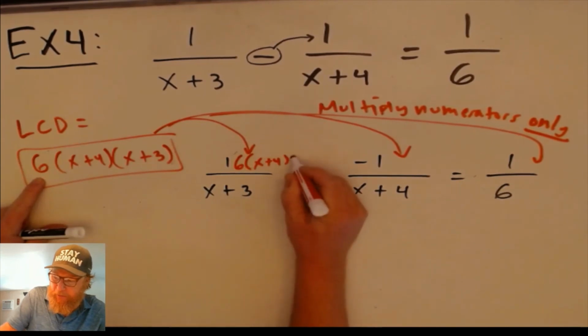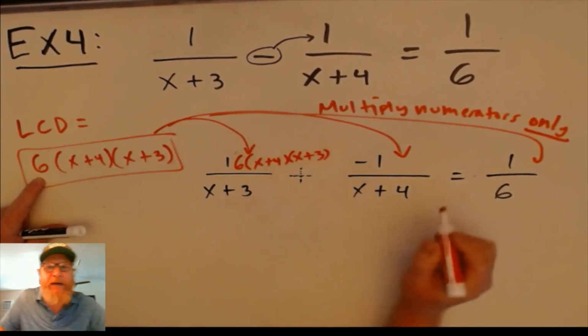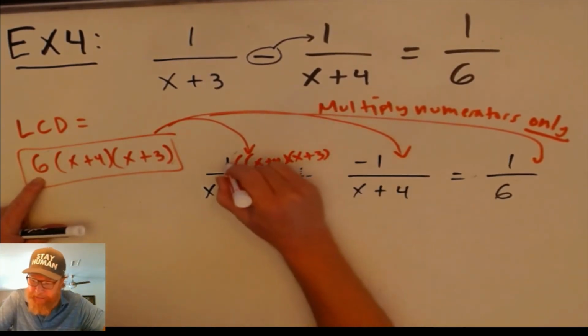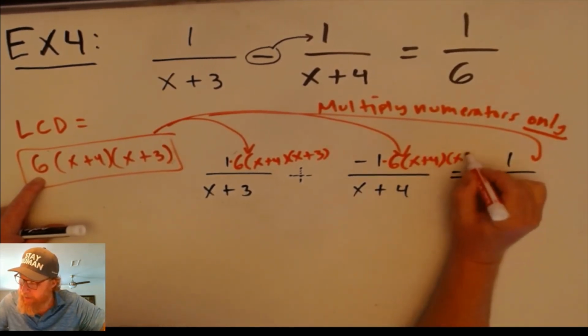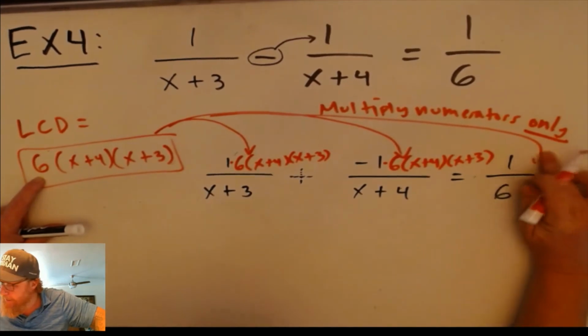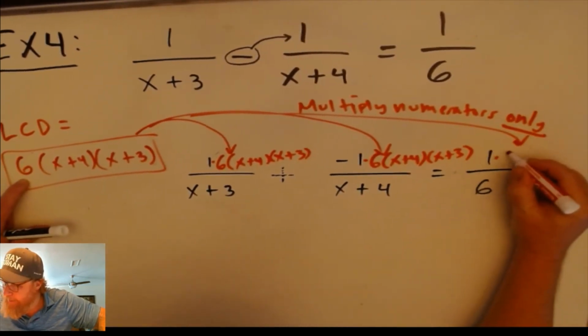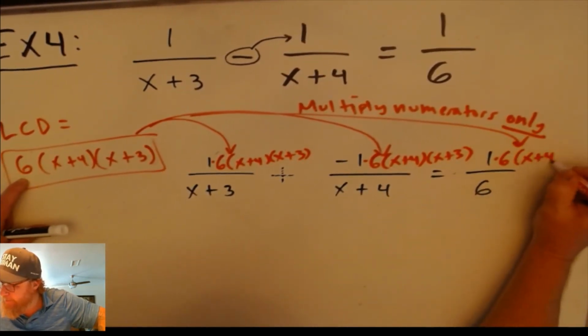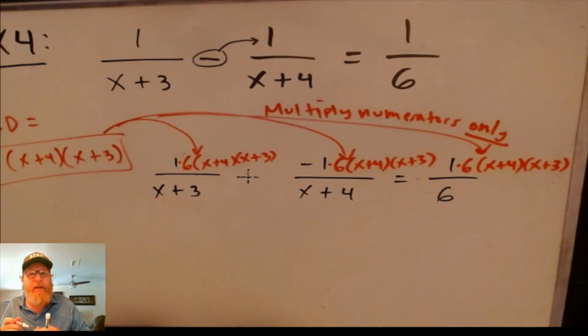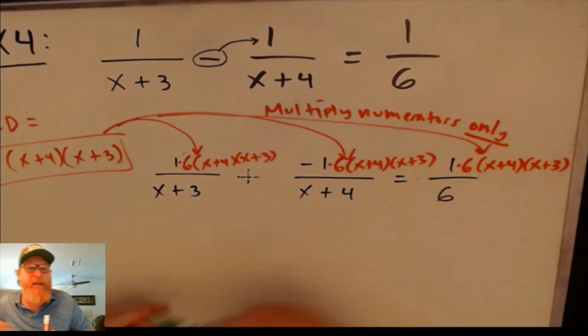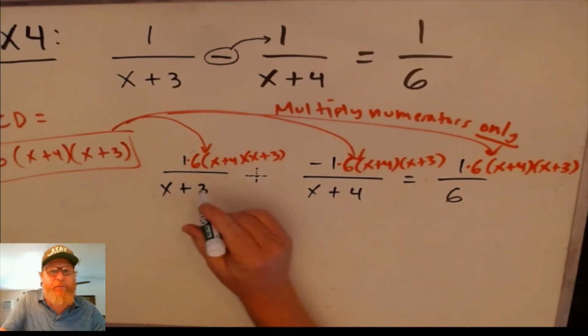6 times x plus 4 times x plus 3. And technically, that's multiplying. 6 times x plus 4 times x plus 3. And then again over here, 6 times x plus 4 times x plus 3. And just like in the other examples, most of these factors will cancel out.